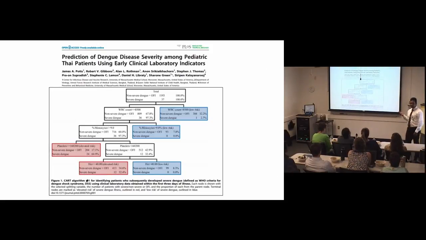So this is another study in which they tried to define certain laboratory parameters in dengue severity. People who have low white cell counts, low monocytes, and low platelet counts are more prone to get severe disease.